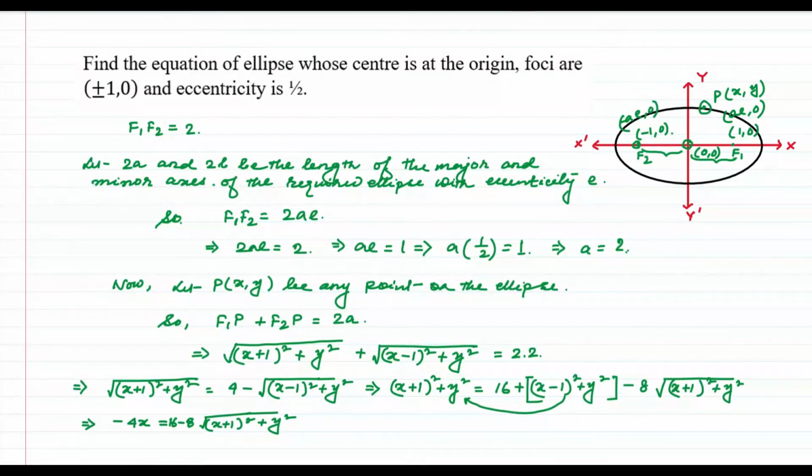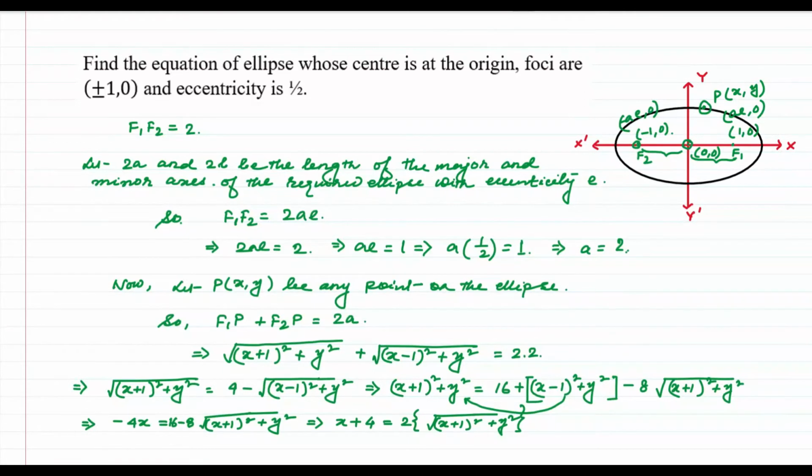So that implies x plus 4 equals to 2 into root over (x plus 1) whole square plus y square.